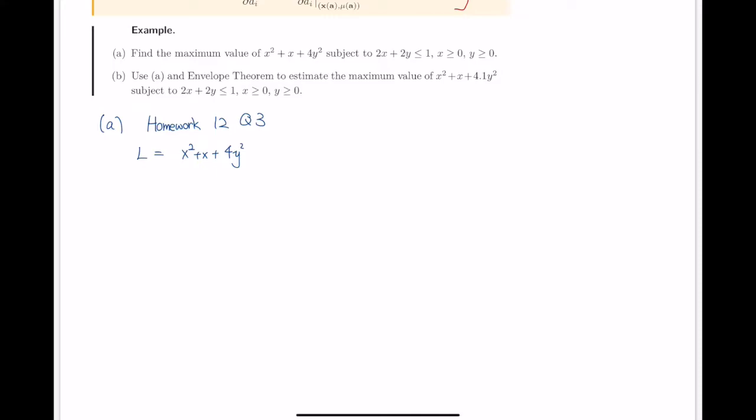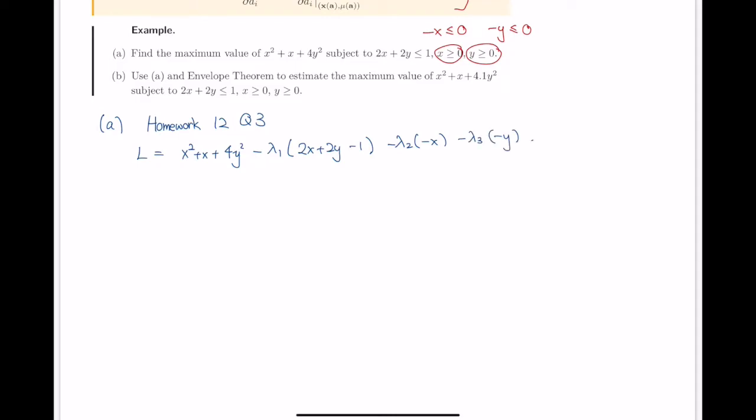And then you have three inequality constraints. That's why you need three Lagrange multipliers. So minus lambda 1 times the first inequality, which gives you the function 2x plus 2y minus 1. And then don't forget, you have to rewrite the other two inequalities as minus x less than or equal to 0 and minus y less than or equal to 0. So you get minus lambda 2 times minus x and minus lambda 3 times minus y.